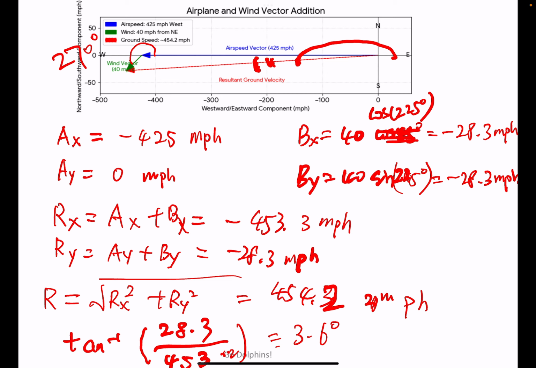So the bearing actually is 270 minus 3.6 equals 266.4 degrees. That's the answer.